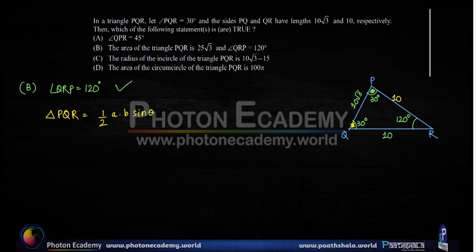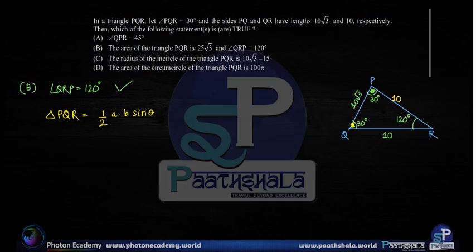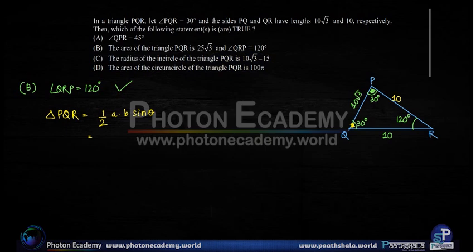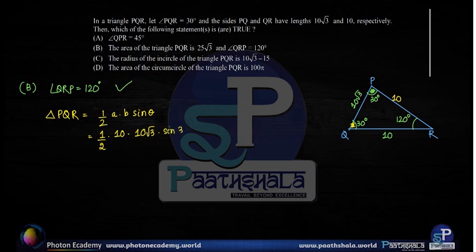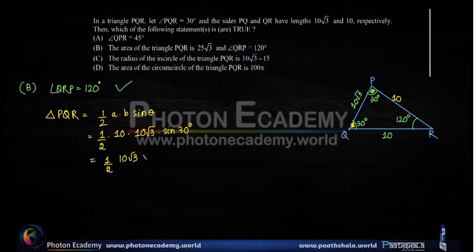It's basically half into the product of any two sides into the sine of theta, where theta is the angle between A and B. If we take A as PR and B as PQ, then we have half of 10 into 10 root 3 into sine of 30 degree, which is the angle between the sides, is equal to half of 10 root 3 into 10 into sine 30 degree, which is half.